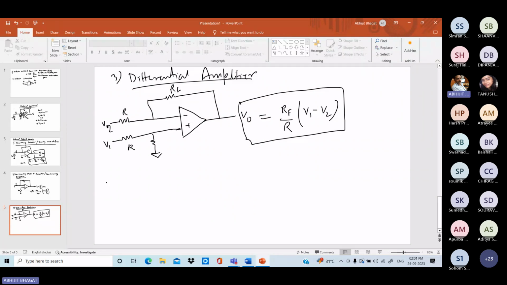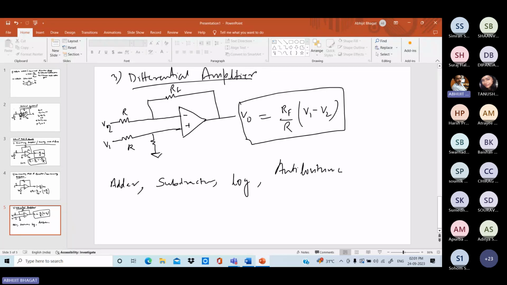That means you can design mathematical circuits like adder, subtractor, logarithmic circuit, anti-logarithmic circuit.